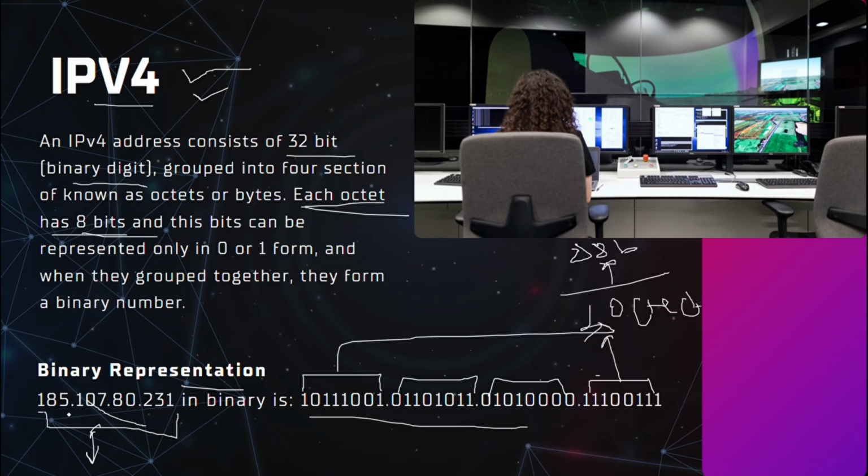Here 128 is 1 octet, 107 is 1 octet, 80 is 1 octet, and 231 is 1 octet. Each octet has 8 bits of address, and the 8, 8, 8, 8 total combine to form the 32 bits of the address. It is a form of representation of an IP address.